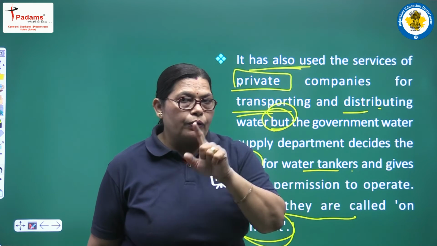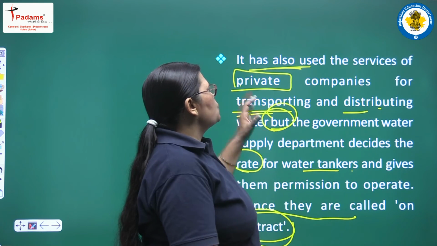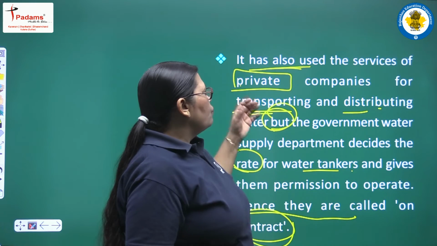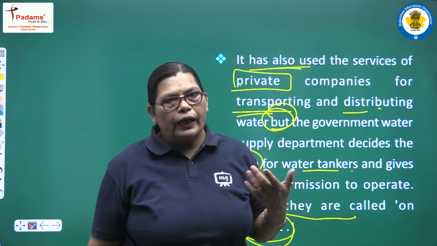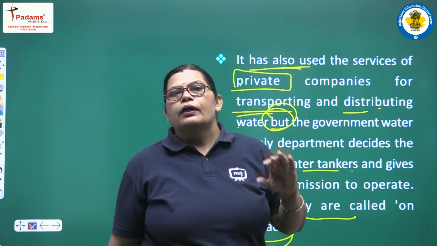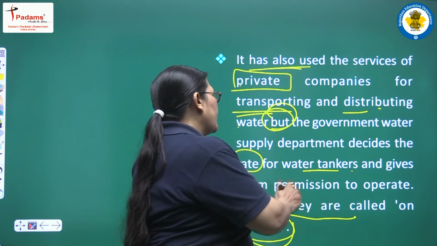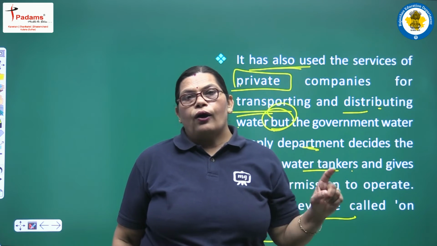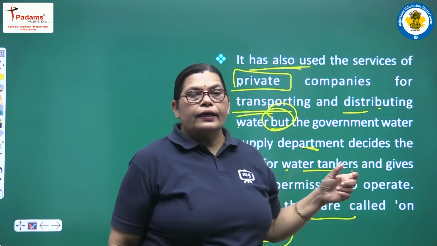Then we are considering the next point here. The next point is the services of the private companies for the purpose of transporting and distributing water. But what's the reality going on? The government water supply department decides the rates of the water tankers. Why?